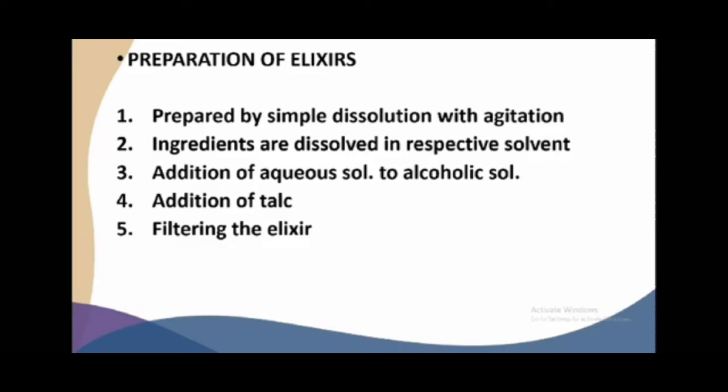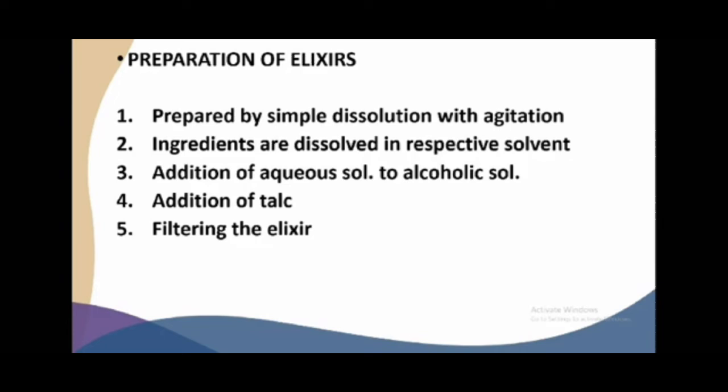So meaning alcohol soluble components are being dissolved in alcohol, meanwhile the water soluble components are being dissolved in water. So both the alcohol and water are dissolved separately to maintain the optimum alcohol strength and to avoid separation of alcohol soluble ingredients. Aqueous solution is added to the alcoholic solution.